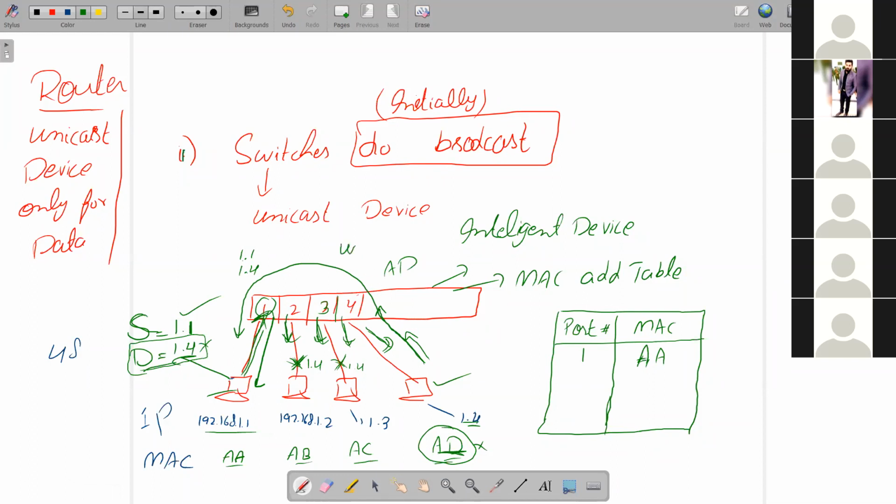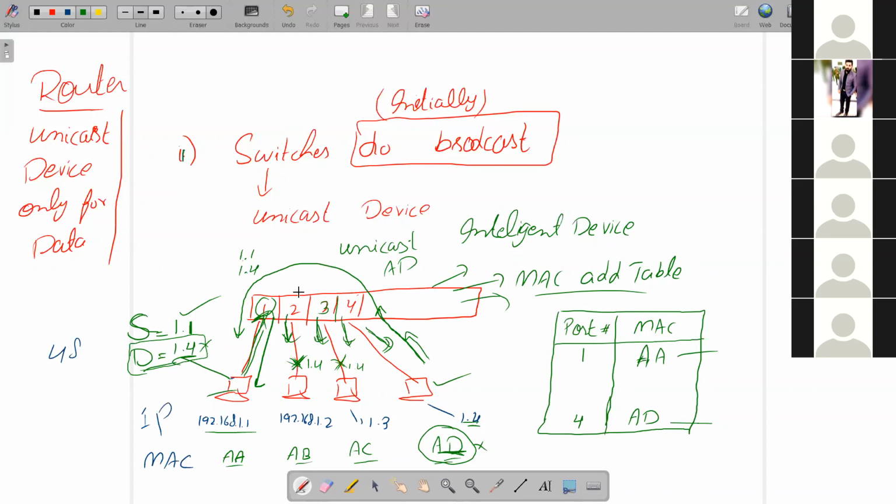It will simply do a unicast to him, saying I'm 1.4, tell me what you need. This port will be asked, tell me what's your MAC address, and you'll say I'm connected in port number 4 and my MAC address is AD. So now in this communication, this switch has maintained the MAC address table of the source and the destination.